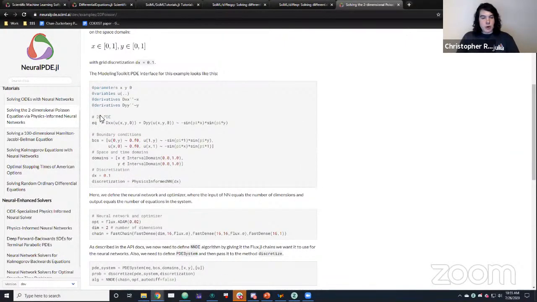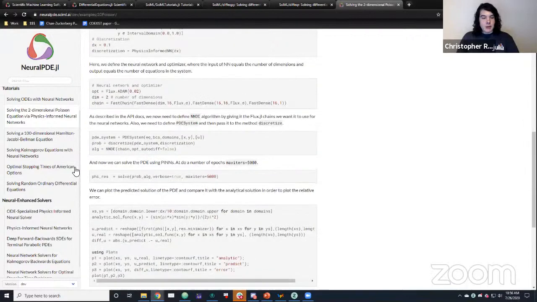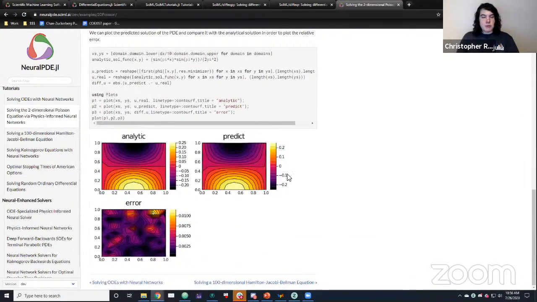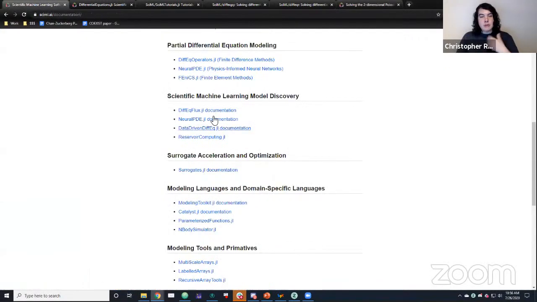Here we give it a symbolic form where you say the second derivative in x plus the second derivative in y is equal to minus the sine terms multiplied together. You say what your domain is, then you define your neural network, and then it will just solve the equation and give you the solution to the Poisson equation. So that's NeuralPDE.jl, which falls into this whole class of DiffEqOperators and Phoenix.jl of different tools for partial differential equations.